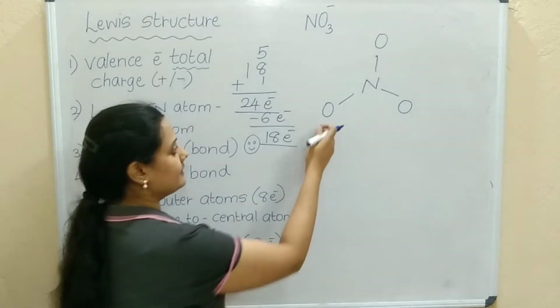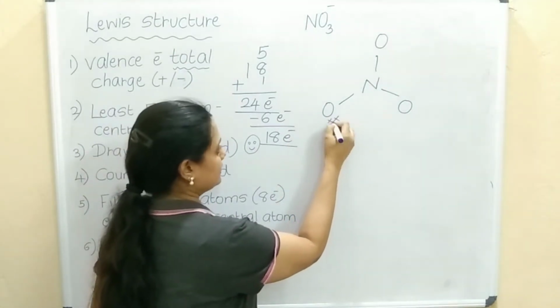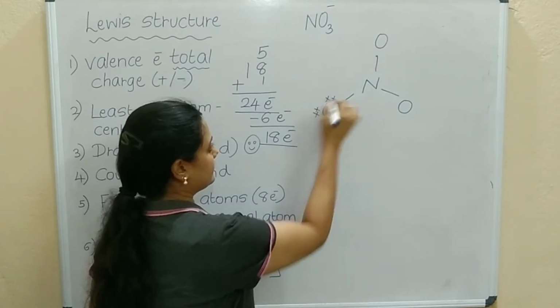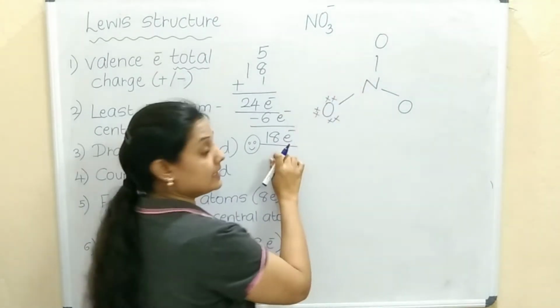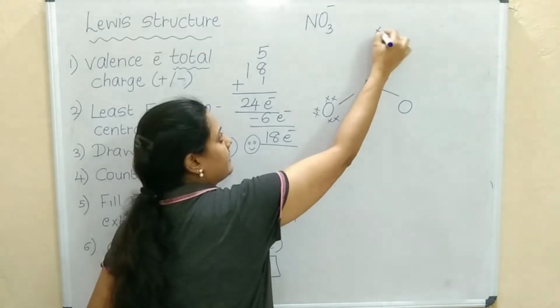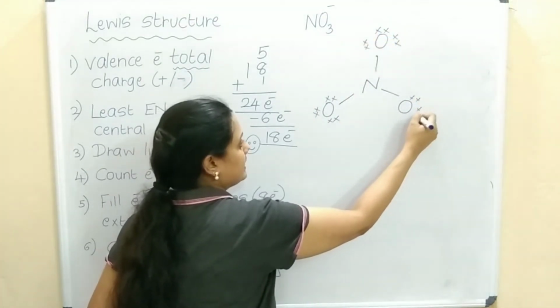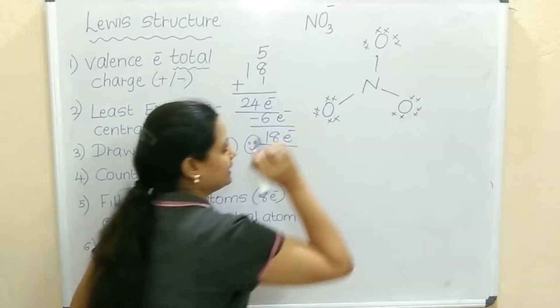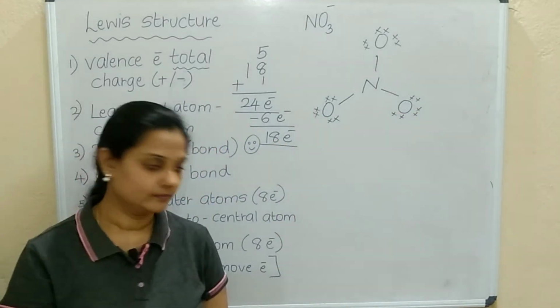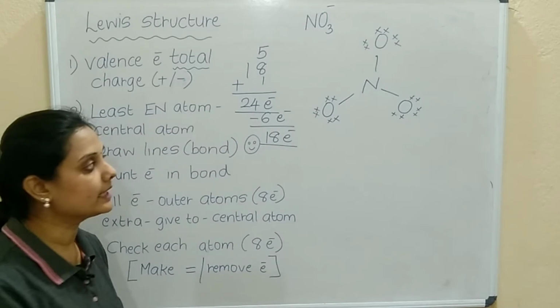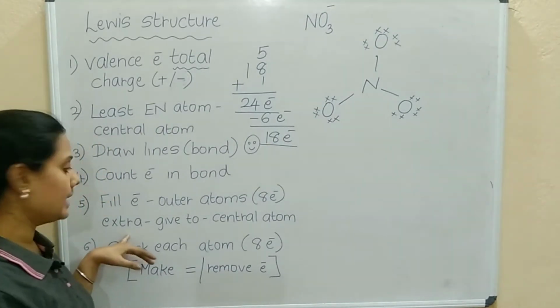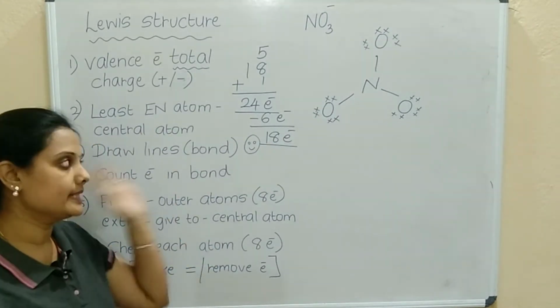We start with this oxygen: 1, 2, 3, 4, 5, 6, and so on up to 18. So 18 electrons are filled, and we have no extra electrons for the central atom.